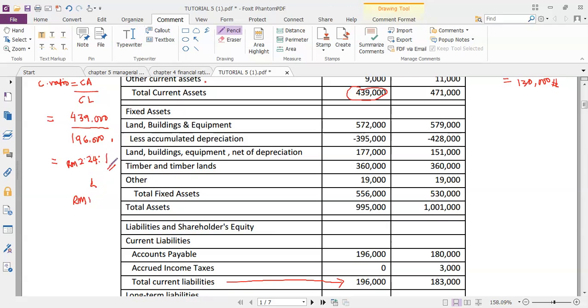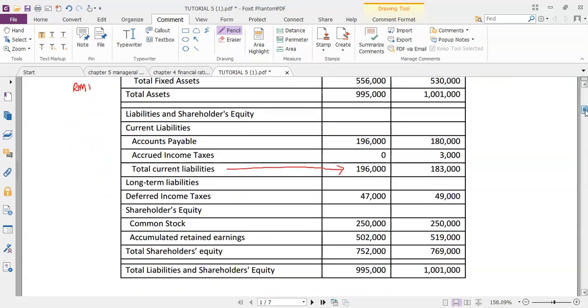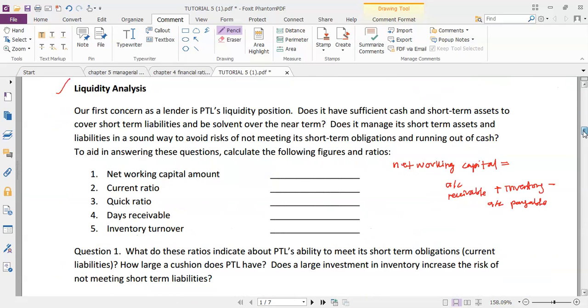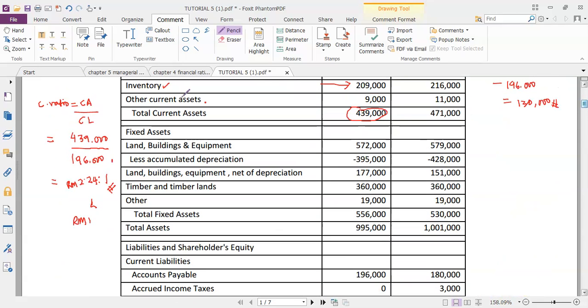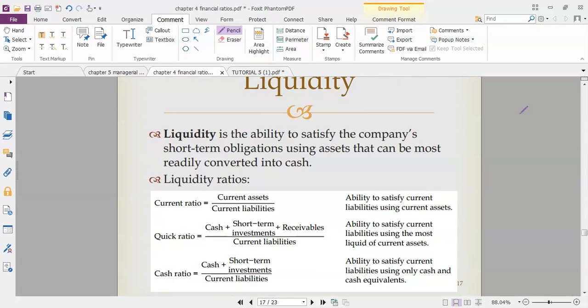Okay, ma'am, like this. Okay, next, how to calculate the quick ratio. Can you remember how to calculate the quick ratio? Let's look at the formula.